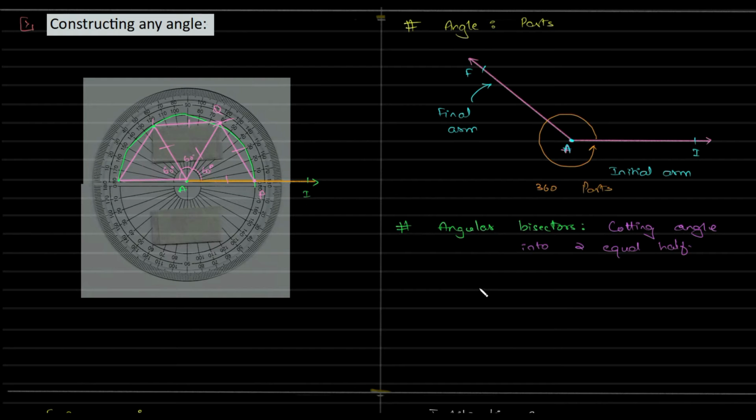The funda of the angular bisector is that it takes an average between the initial and final angle. I have an example for 150, so I'll go with 150. I want to construct 150. On the same logic, you can construct 90 also, 45 also, 30 also. So what is the logic?